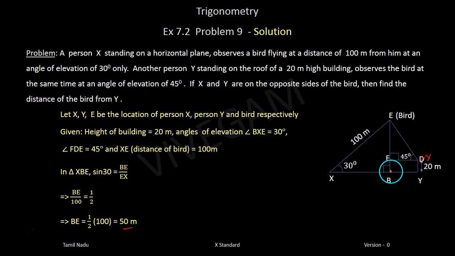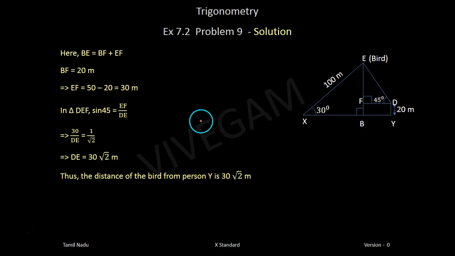But we know this is 20 meters because this is 20, so this is also 20. So BE is BF plus EF. BF is given 20 meters. So EF will be 50 minus 20, that is 30 meters.